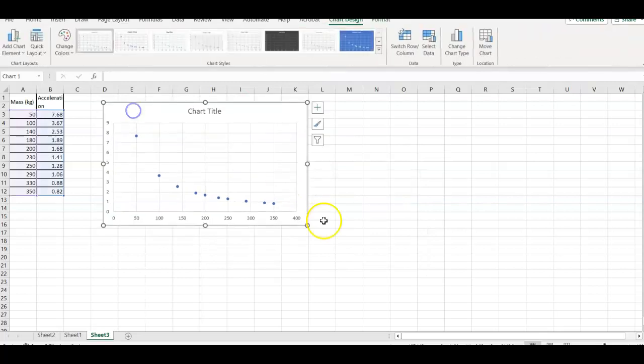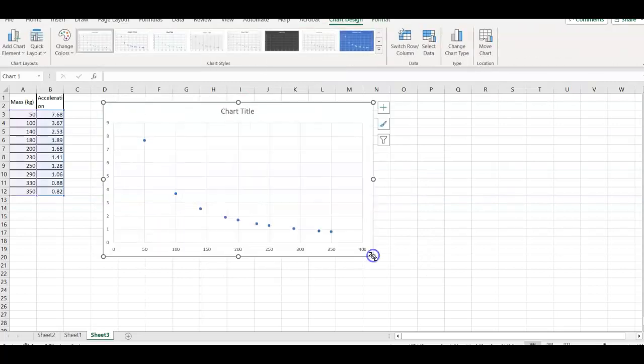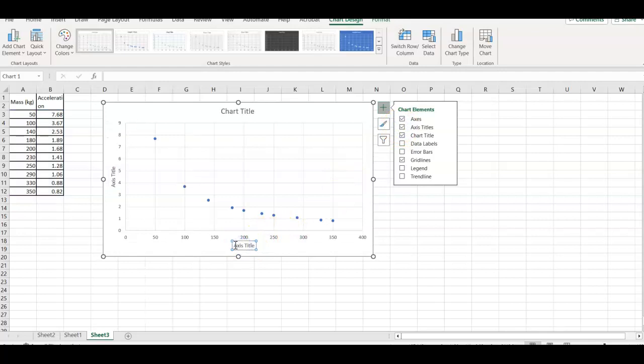And look at the shape of this. This is not linear, it's obviously curved, and because of the way it's curved, as the mass gets larger, the acceleration decreases, so they're moving in opposite directions of each other. That means this is an inverse function.